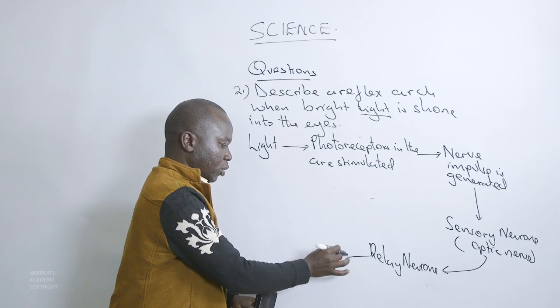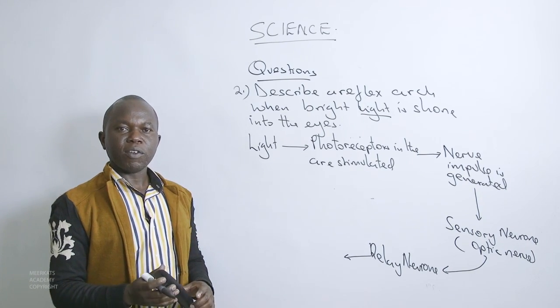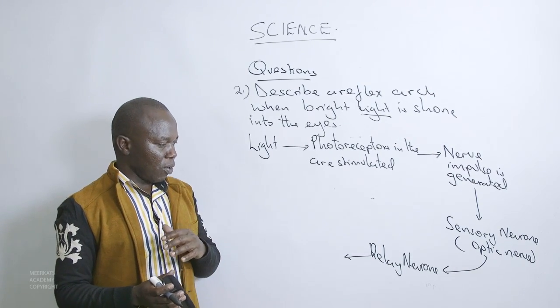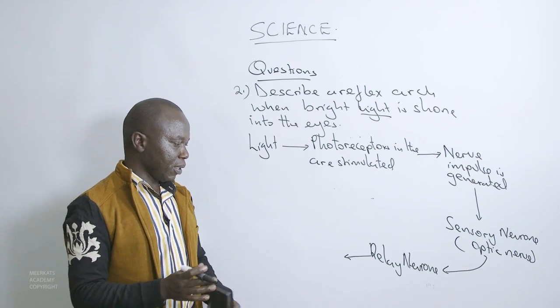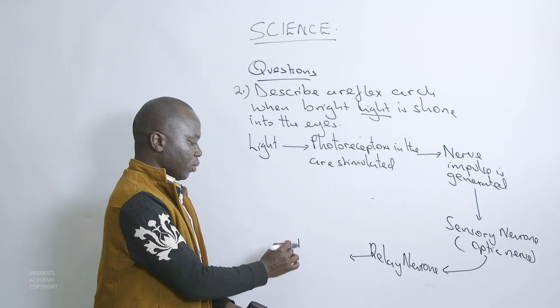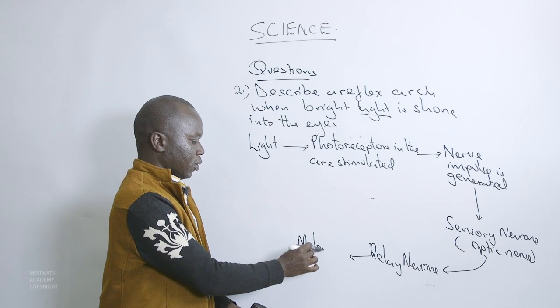There will be interpretation of the kind of light that is reaching the eye, whether it is too high or of medium intensity. And then a motor impulse will flow through the motor neuron.